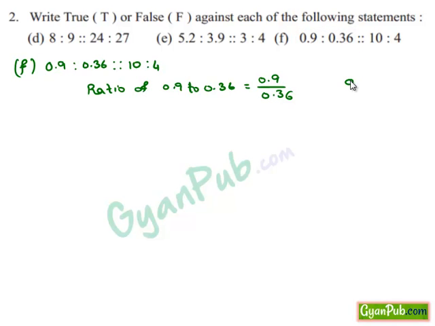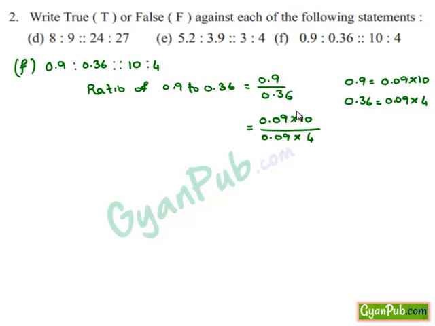Here you can observe that 0.9 can be written as 0.09 multiplied by 10 and 0.36 can be written as 0.09 multiplied by 4. So by rewriting the fraction we get 0.09 multiplied by 10 upon 0.09 multiplied by 4.